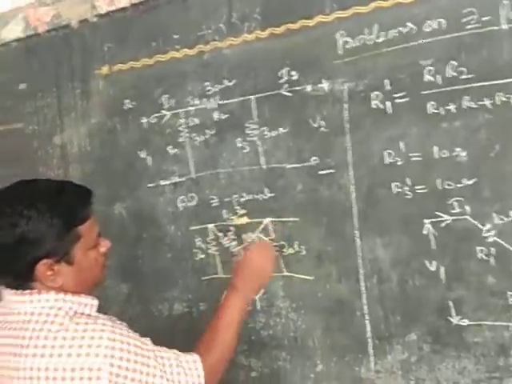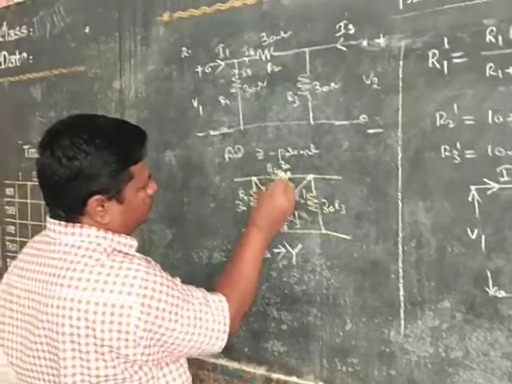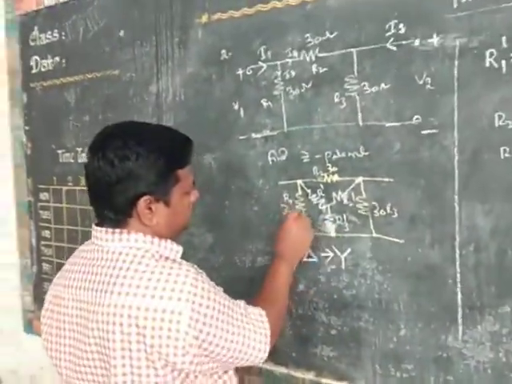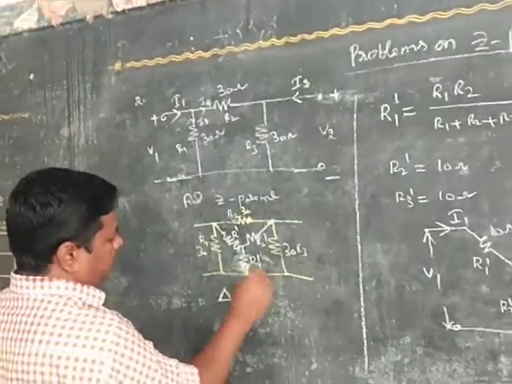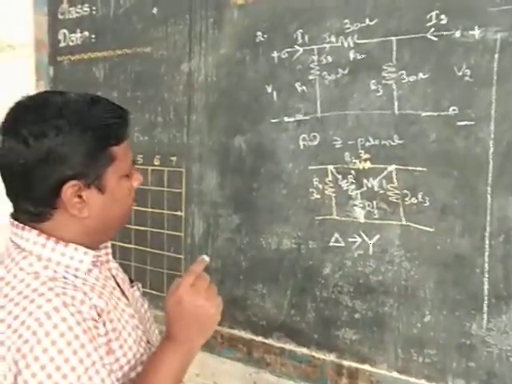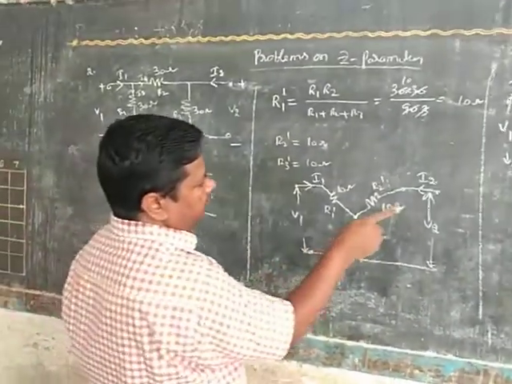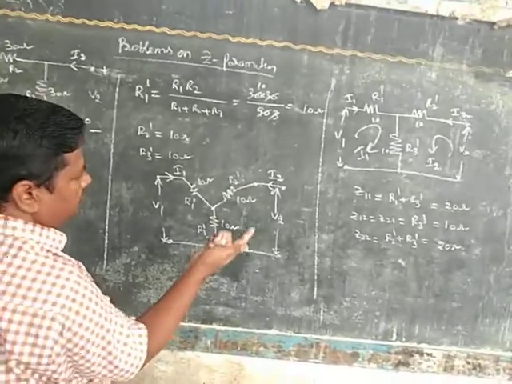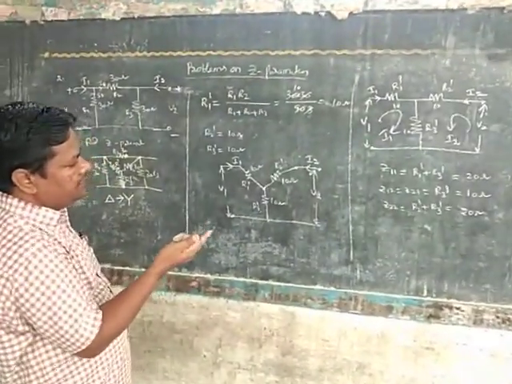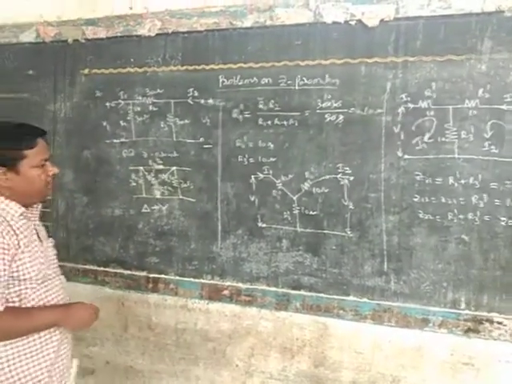Suppose at this node these two are connected, R2 dash is equal to R2 into R3 by total. This node these two are connected, R1 R3 by total resistance. Like that, first convert delta to star, then rearrange the network into the T network. By using the standard notation, we can easily calculate Z11, Z12 and Z22. This is the second problem.